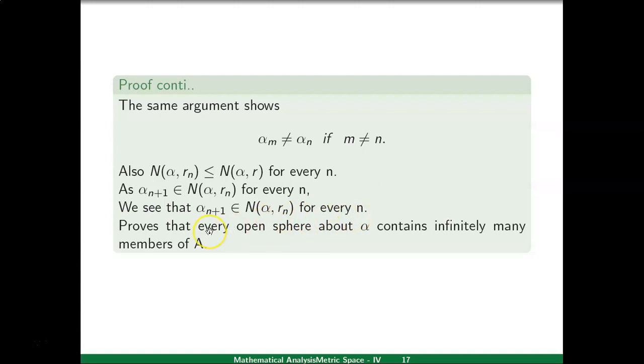So this proves that every open sphere about alpha contains infinitely many members of A. So this proves that point alpha is an accumulation point of A if and only if each open sphere about alpha contains infinitely many members of A. That is it for this part of metric space. Thank you.